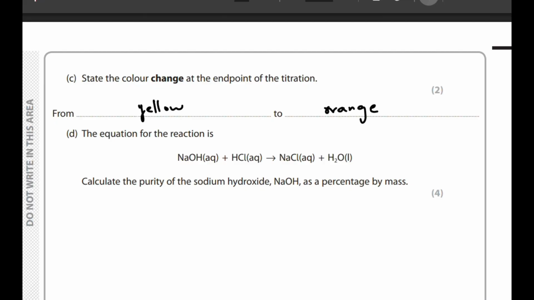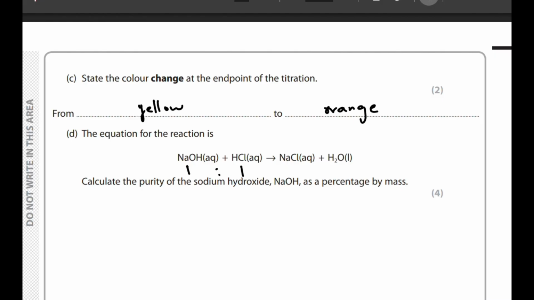Calculate the purity of the sodium hydroxide as percentage mass. Now you can see here that 1 mole of sodium hydroxide reacts with 1 mole of hydrochloric acid. The ratio is 1:1. So you need to calculate the percentage purity of sodium hydroxide. And how can you calculate that? For that you need to have the mass of sodium hydroxide.